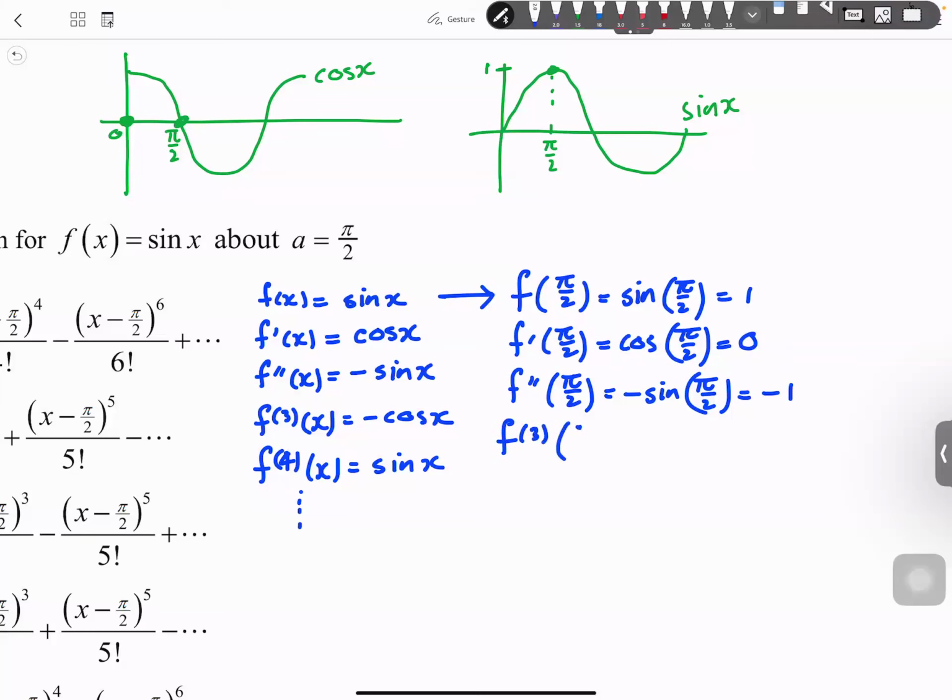The third derivative at pi over 2, negative cosine of pi over 2, is equal to 0. The fourth derivative at pi over 2, that would be sine pi over 2, is equal to 1. So this list definitely is long enough for me to see the pattern. I get a 1, 0, negative 1, 0, 1, 0, negative 1, 0.